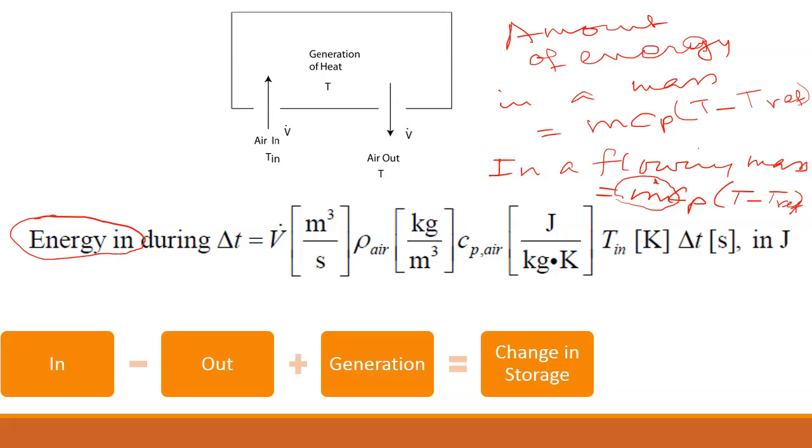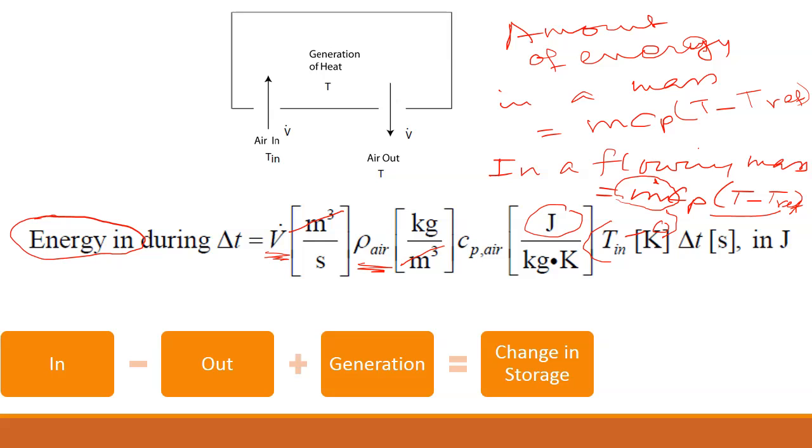So let's see how we calculate this. Mass flow rate is density times the volumetric flow rate in meter cube per second. So you can see the meter cube cancels and we get kilograms per second, times specific heat, joules per kilogram per degree Kelvin, and this T is T in minus T reference.